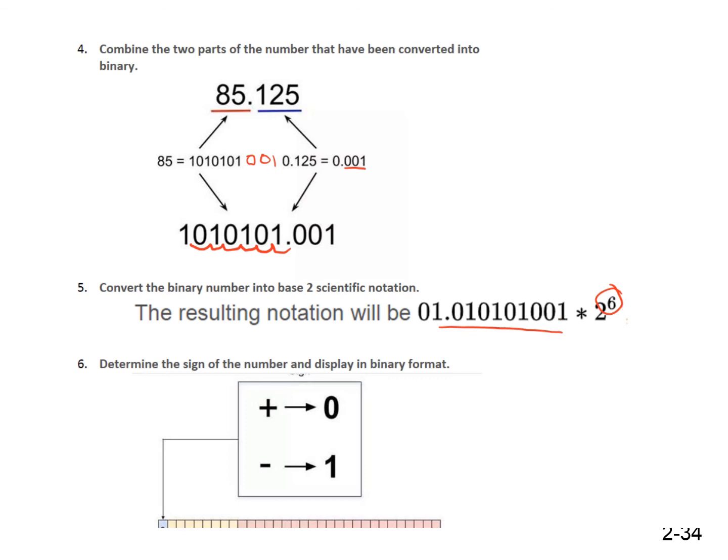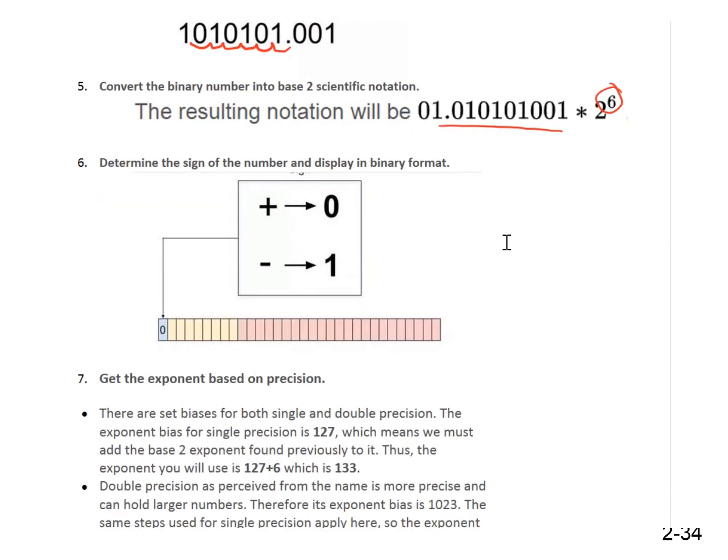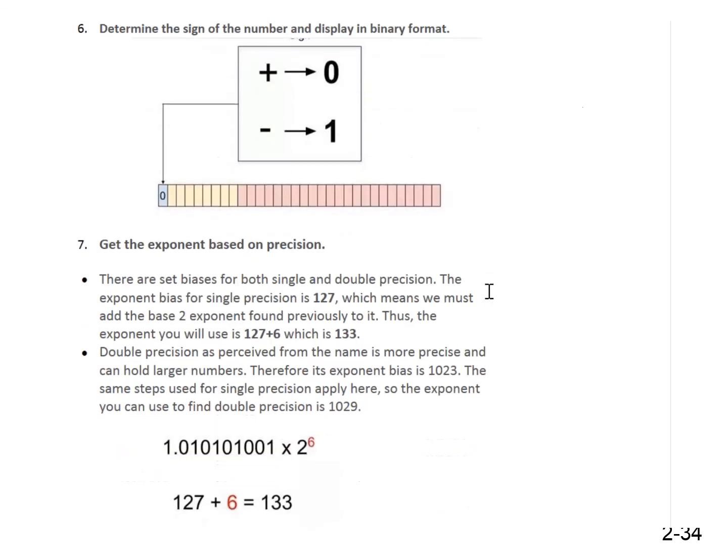If you move it to the left, it's positive. If you move to the right, it's negative. So we have to then add the bias to the exponent. Now, the developers of this system could have used 2's complement for the exponent.